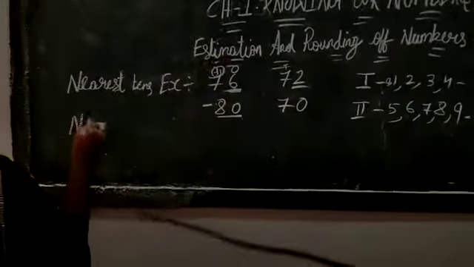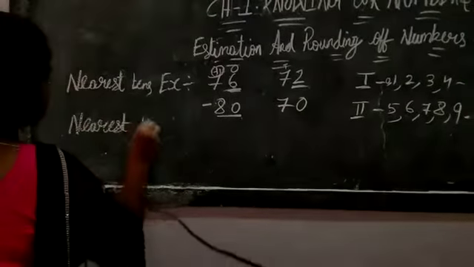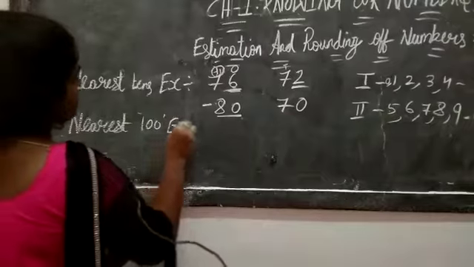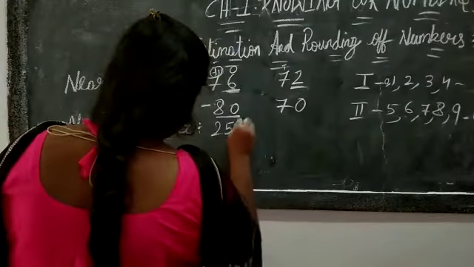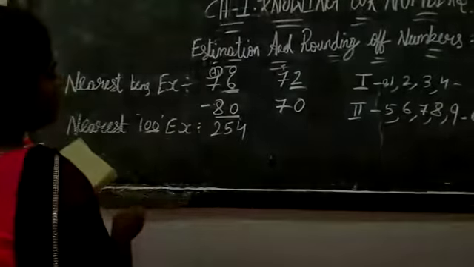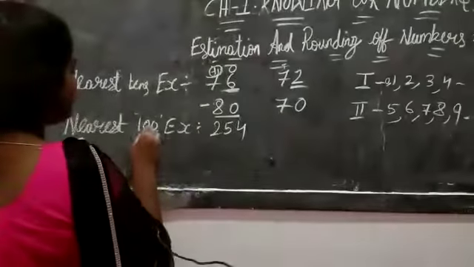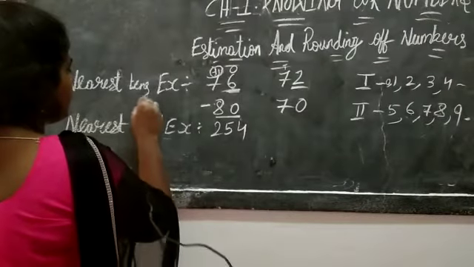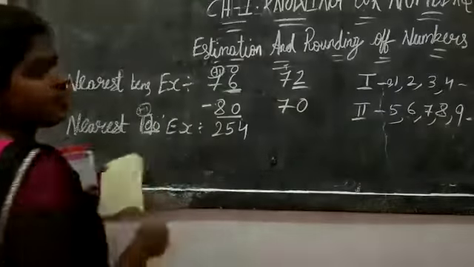Now nearest 100. Example, if we have 254, it is your nearest 100. Now 100 means ones place and tens place should be 0, and you need to check whether you need to add 1 to the hundreds place or keep it as it is. You need to check here in your tens place.